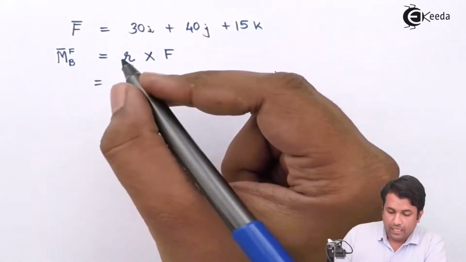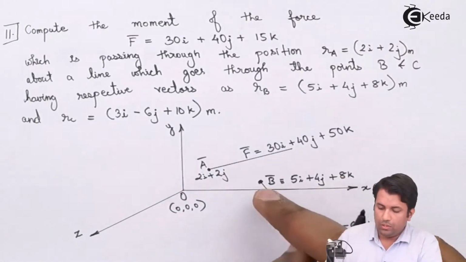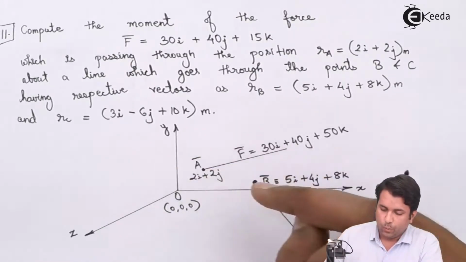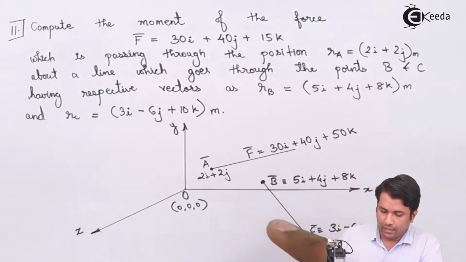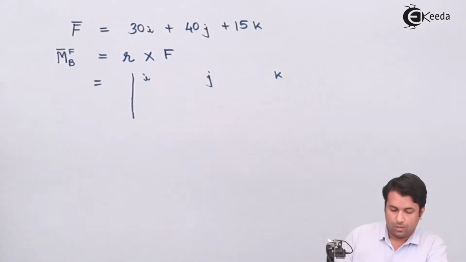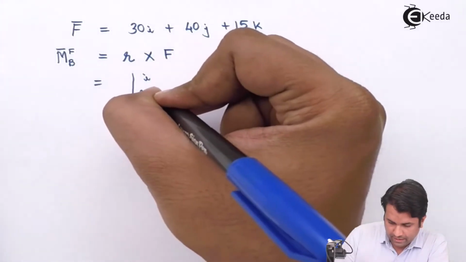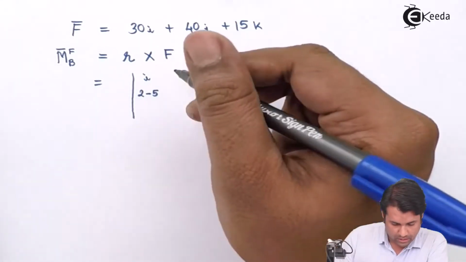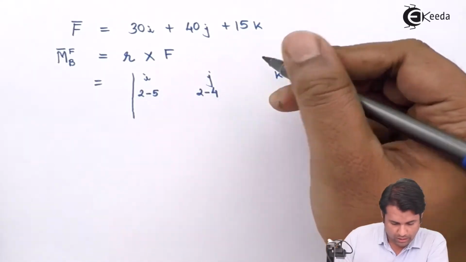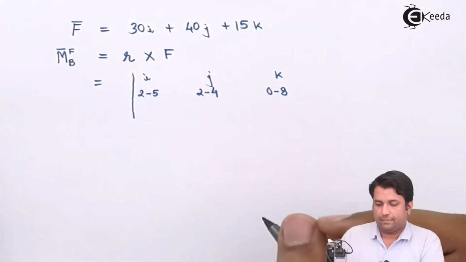Position vector for B. Now since it's about B, we take B to A as the directing vector. So we have to find the position vector as A minus B. So that will be 2 minus 5, then 2 minus 4, and this will be 0 minus 8.